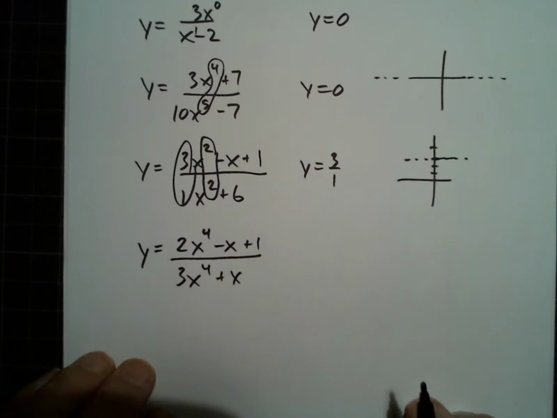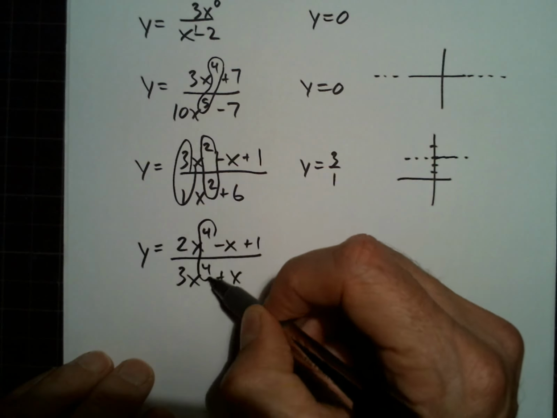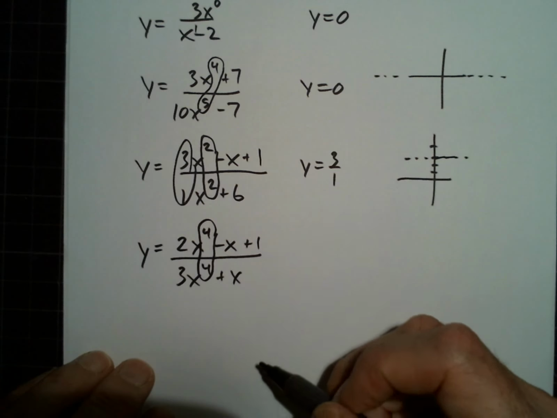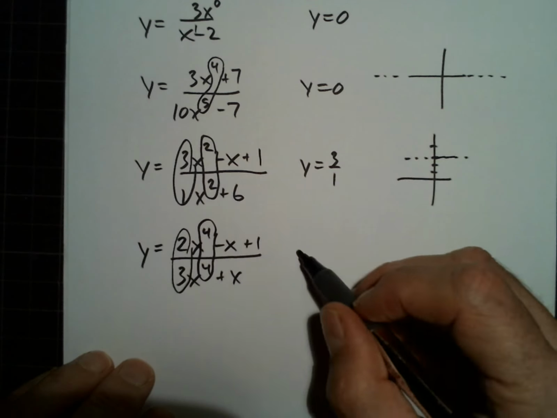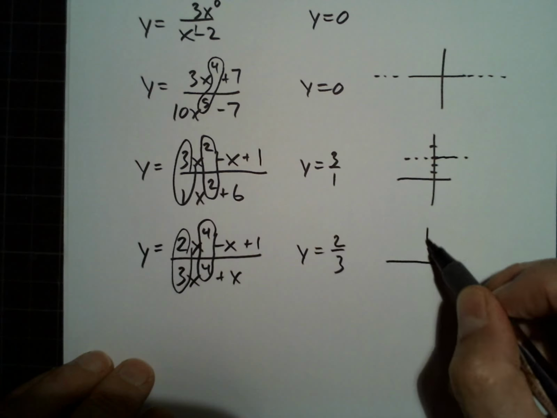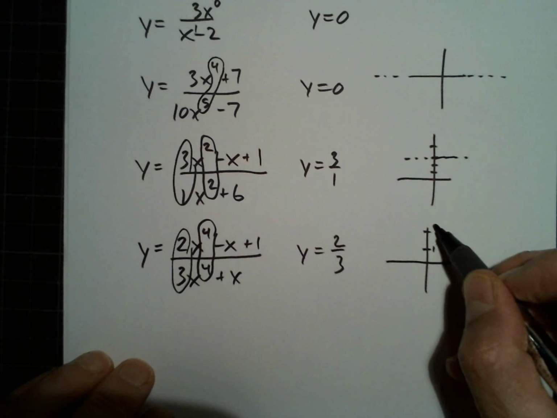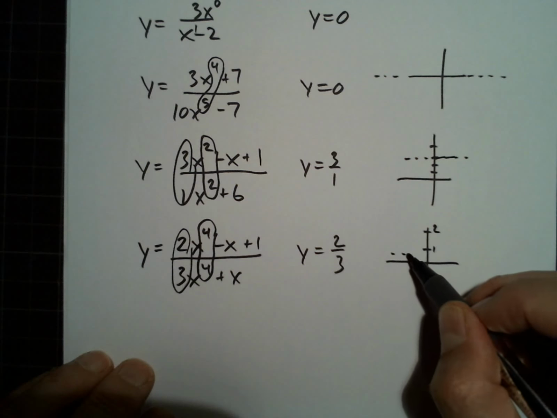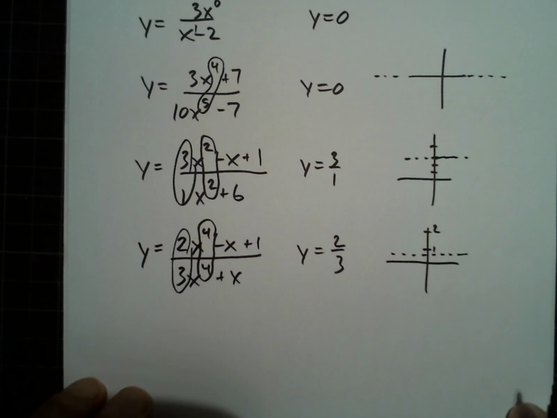So here we're going to compare the exponents, the degrees of the numerator and denominator. They're equal, so we take the coefficients. And if we graph that, this is 1, 2, and it would be at 2/3. We have a horizontal asymptote at 2/3.